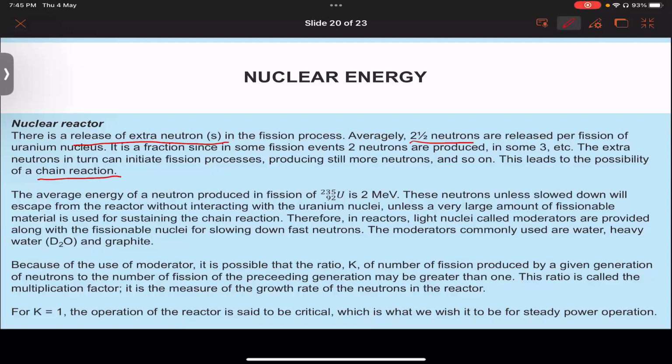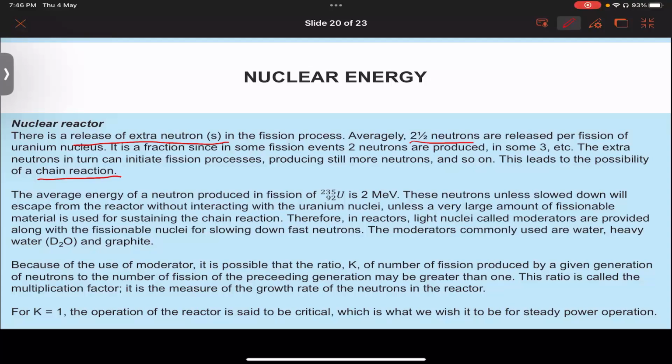This chain reaction you have to control, because if it becomes uncontrolled, then you are going to have the disastrous results associated with the atom bomb. The average energy of the neutron produced in the fission is 2 MeV, and these neutrons need to be slowed down so that they do not just start interacting with all the uranium nuclei present.